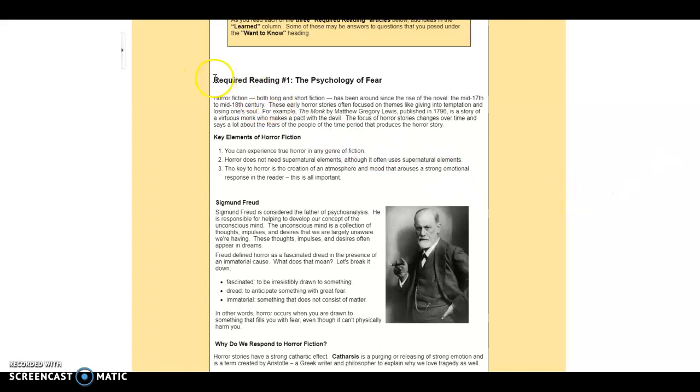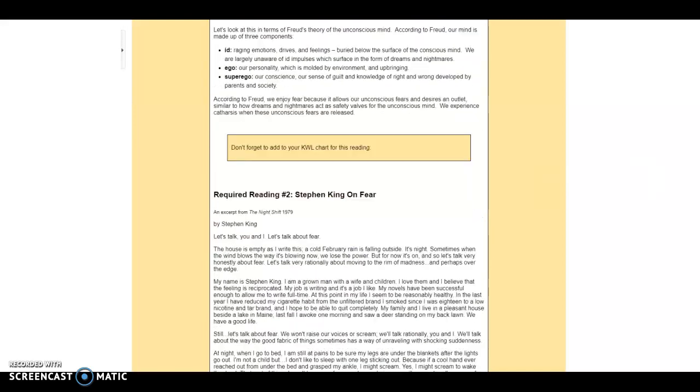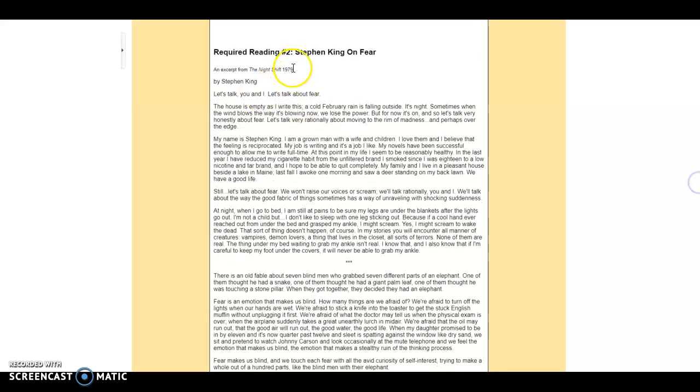For the first reading, you're going to read an article called The Psychology of Fear, and it's going to focus on Sigmund Freud's theories on fear. The second reading is called Stephen King on Fear. Stephen King, kind of the master of the horror story, wrote this article about why he thinks people like to be afraid.